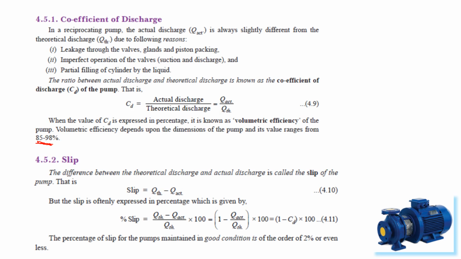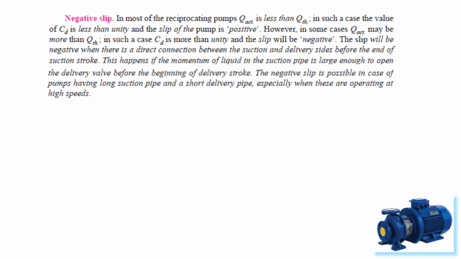The percentage of slip is calculated as the ratio of the difference between theoretical and actual discharge to the theoretical discharge. It should be maintained at an order of 2 percent or even less for good condition of a reciprocating pump. Then there can be a case of negative slip.